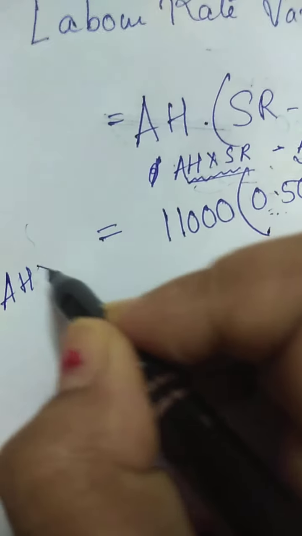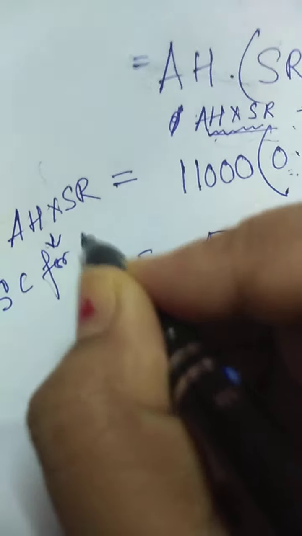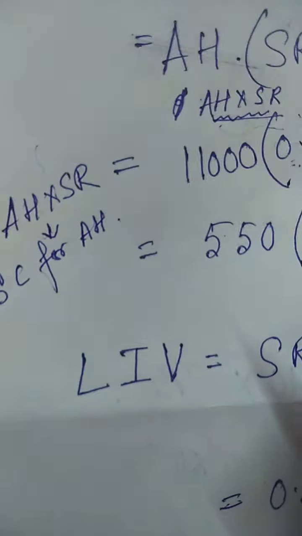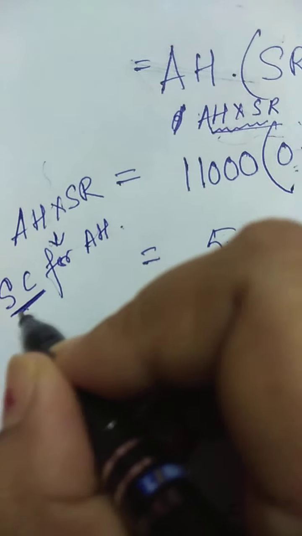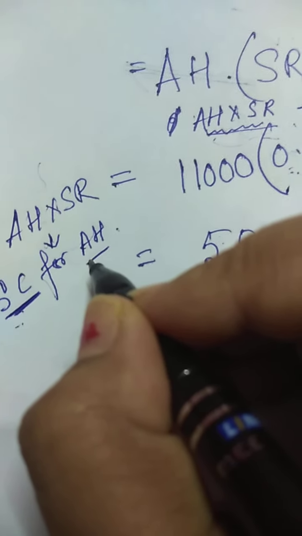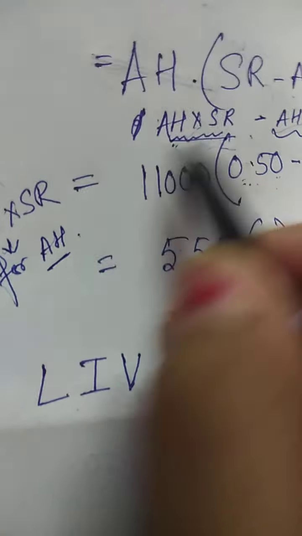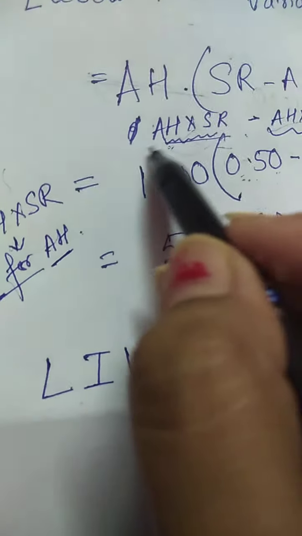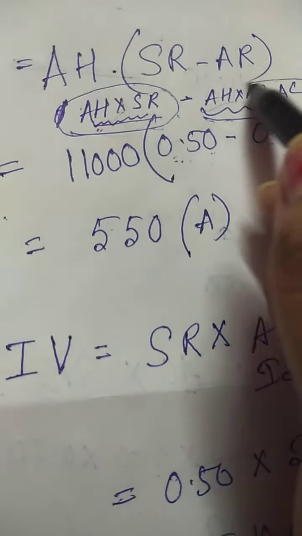AH into SR means standard cost for actual hours. It means what standard cost you would pay if you are working for the actual hours. That is why it's AH into SR. This is my standard cost, and this is my actual cost.